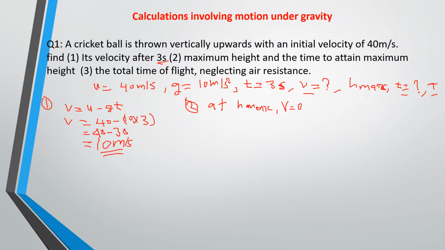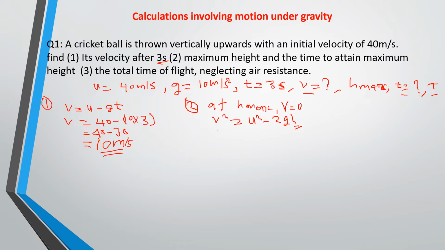Okay, so you are already given the initial velocity, so for this one you are going to use the third equation of motion. That's v squared is equal to u squared minus 2gh, where h is your h max.